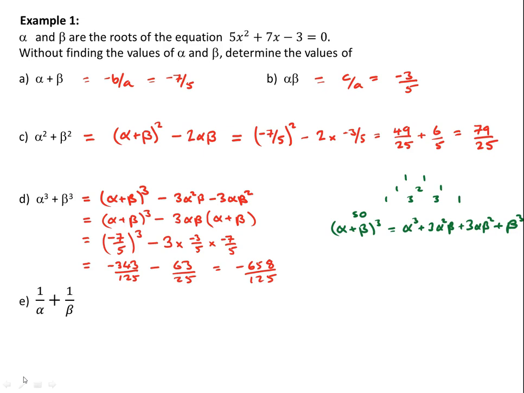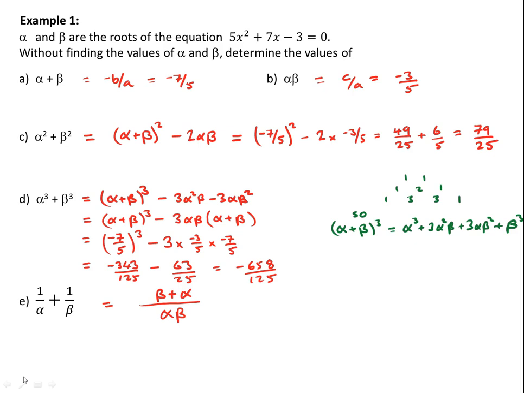1 over alpha plus 1 over beta. Well, we're adding two fractions, so the sensible thing might be to write it in terms of a single fraction by using a common denominator, and the common denominator is going to be alpha times beta. 1 over alpha is the same thing as beta over alpha beta. 1 over beta is the same thing as alpha over alpha beta.